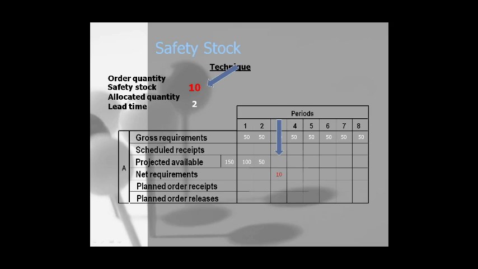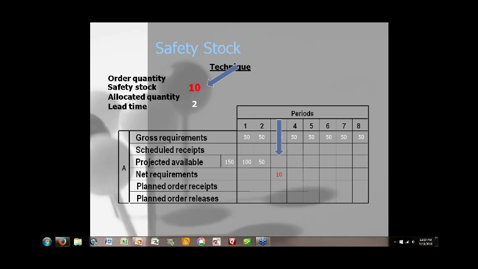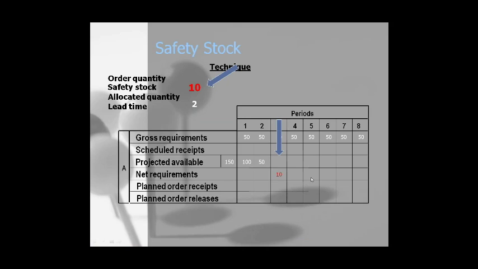That 10 pieces is there not to support the gross requirements, but to replenish the inventory to get us at or above safety stock. What effect that has on when we start the order is we would then have a replenishment order started in week number 1 for 10 pieces, which would get our inventory at the end of week number 3 up to 10 pieces, so we are at or above the safety stock level.